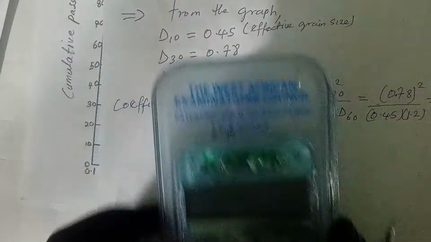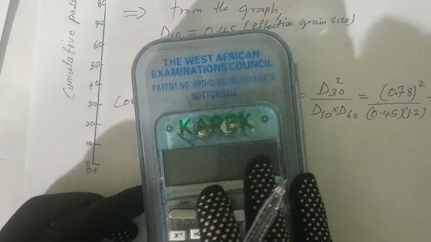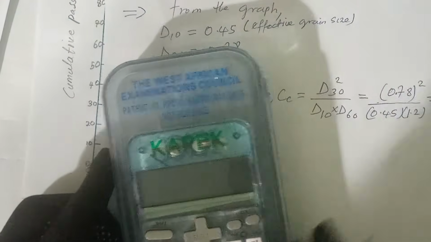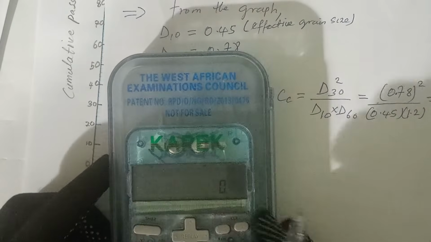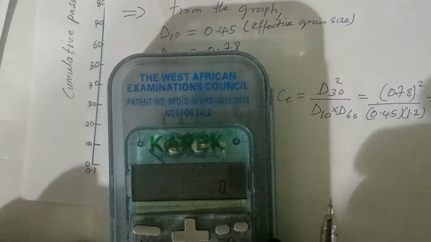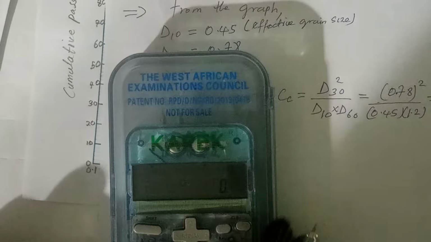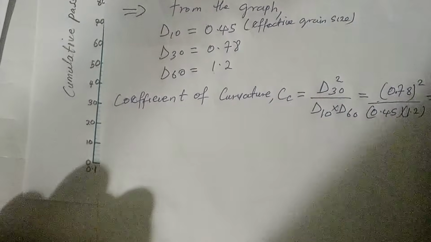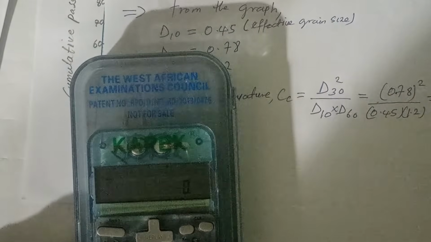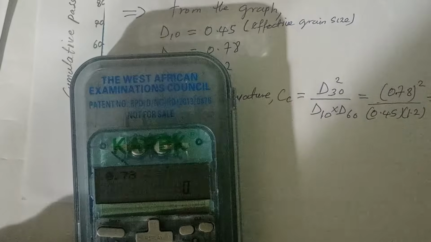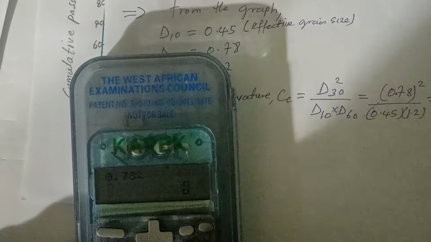So using our calculator, here we have 0.78 squared.